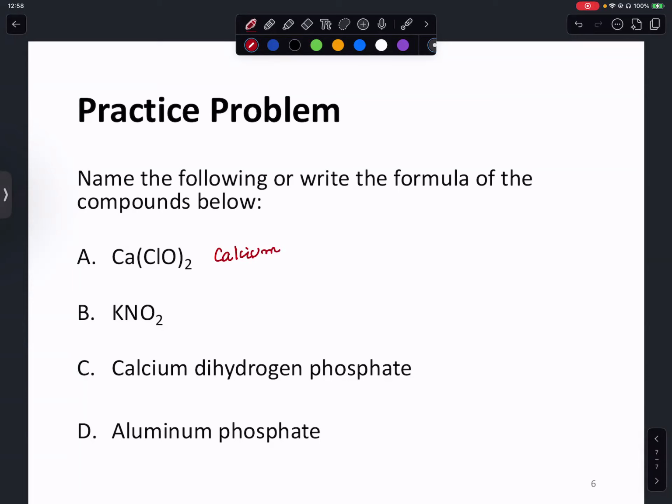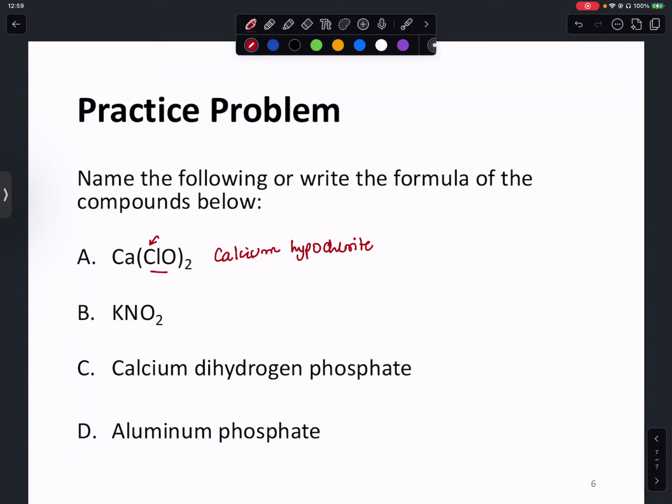And then ClO is only 1 oxygen, so it becomes hypochlorite, because hypo means it's lacking, it's the least. So hypo, and then chlor for chlorine, and then ite for the least number of oxygens.